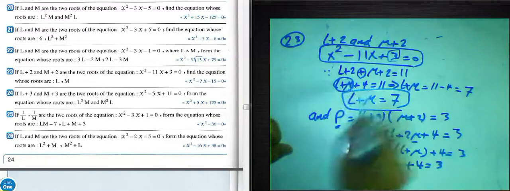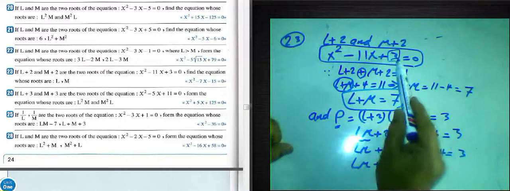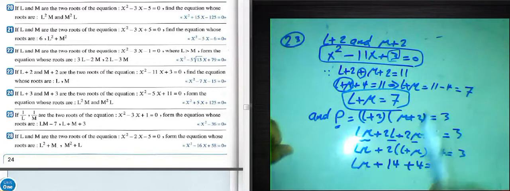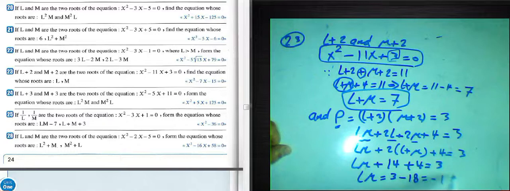In this equation, the product of the two roots will be 3 and the sum will be 11. So we can find LM equals 3 subtract 14 plus 4 equals 18. We will multiply it by negative 1, and the result will be negative 15.